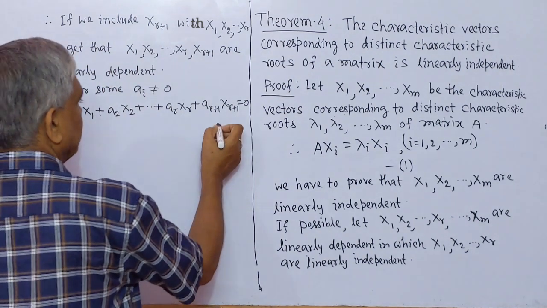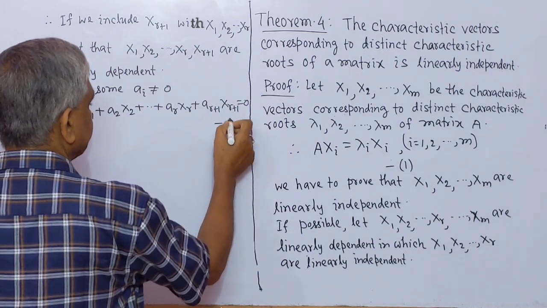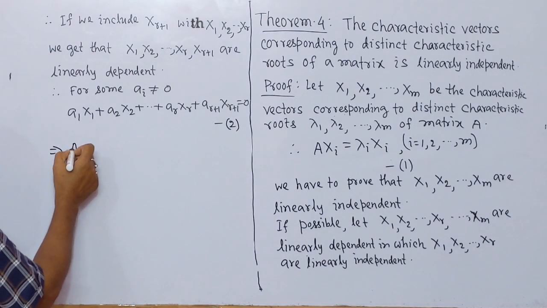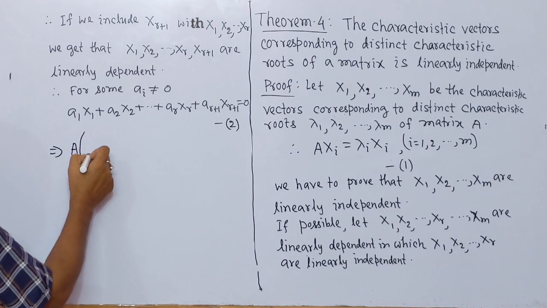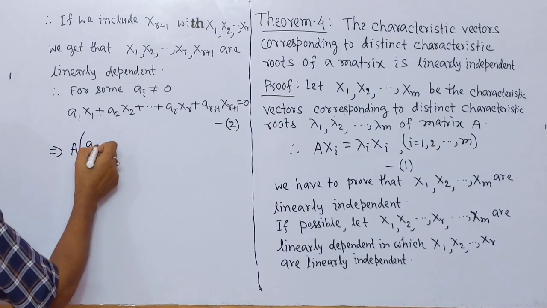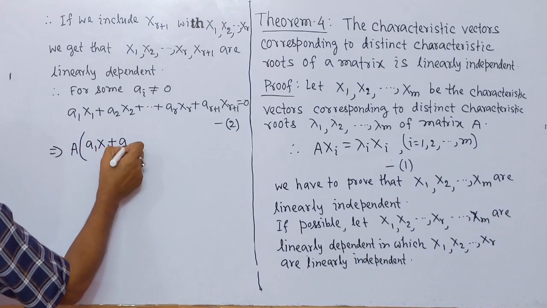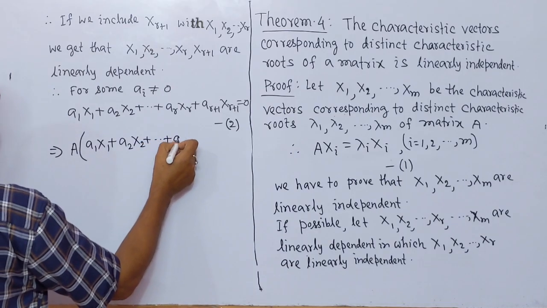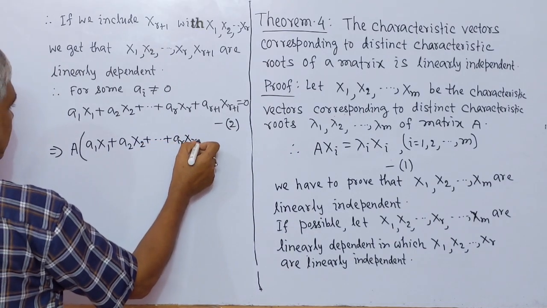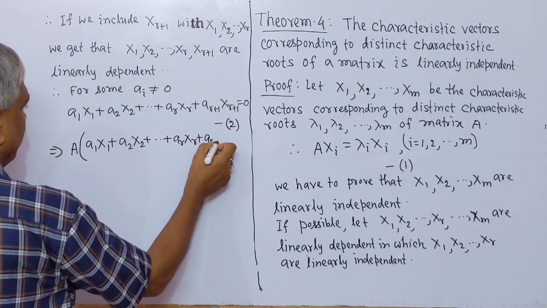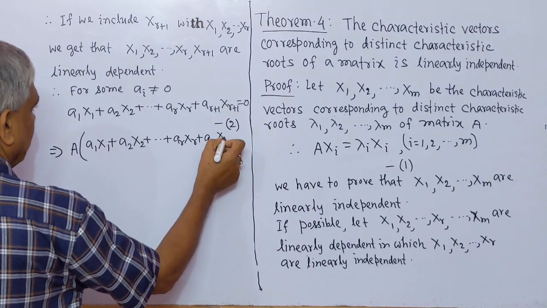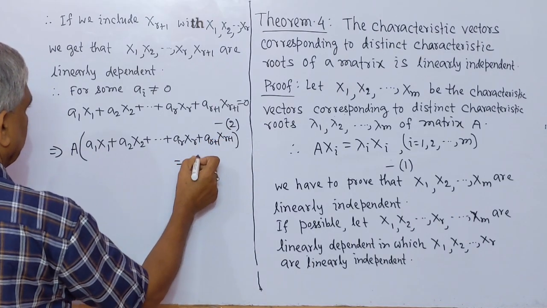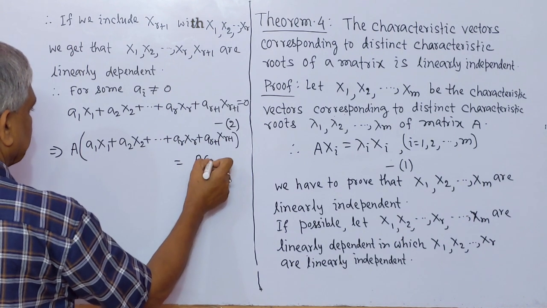Let this be number 2. This implies that we multiply this by A: A(a1 x1 + a2 x2 + ... + ar xr + a(r+1) x(r+1)) = A times the 0 matrix, which is the 0 matrix.